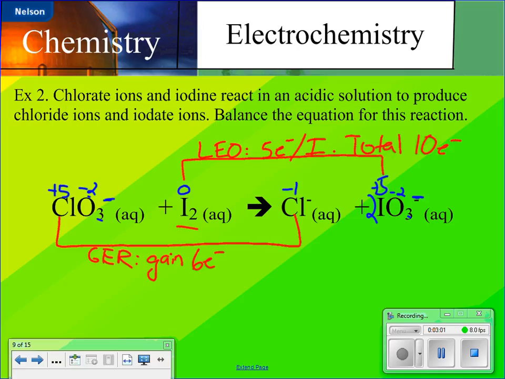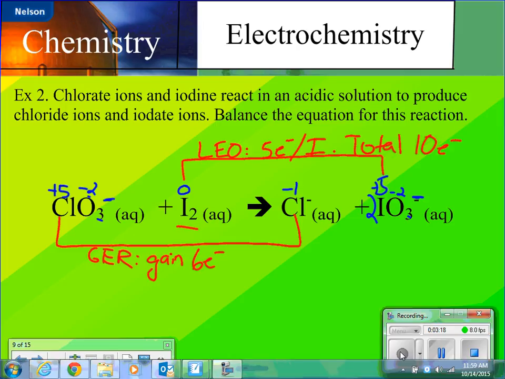So we have to balance these 2 half reactions so that the number of electrons is the same. Now in this case, we've got 10 electrons in one and we have 6 in the other. So what's the lowest common multiple we can find for 6 and 10? Which in this case is going to be 30.